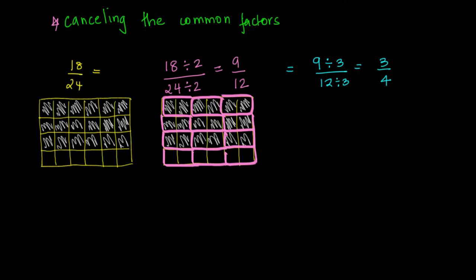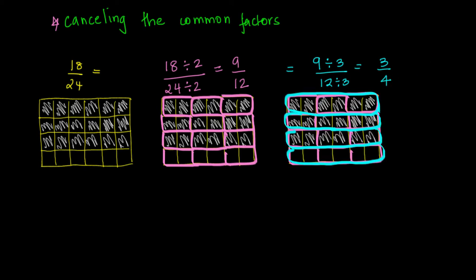And the way to express this visually is I take 3 small parts, pack them together, and it becomes one big part. And if I keep doing this, now I have 4 large parts, out of which 3 are shaded. So this is 3/4. And so 3/4 is the simplest form of 18/24.